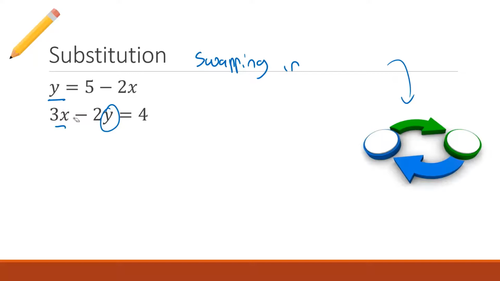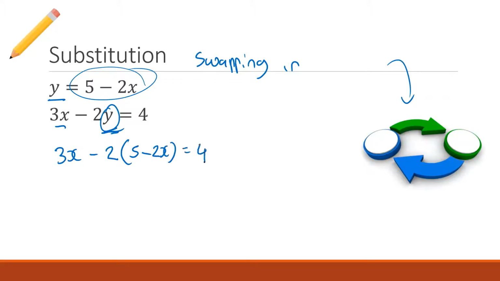So I can actually replace this y in this equation with this part here. Because ultimately what I'm doing is I'm just saying, okay, I've got 3x minus 2 times 5, take away 2x equals 4. I'm just saying that this section here is y, and I've already told you what y is.